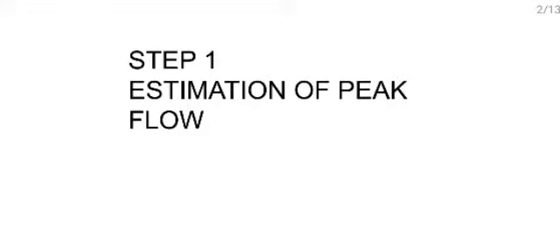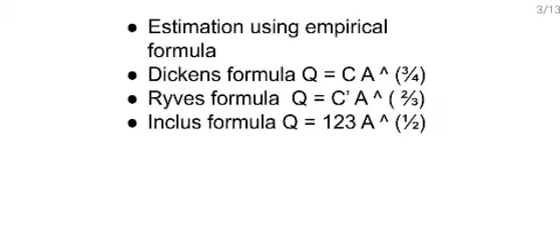But maybe once in 100 or 200 years the peak flow may be reached, and at that time the channel can be insufficient. So if enough financial resources are there, it is recommended to take the peak flow itself. Now, how to estimate this peak flow?